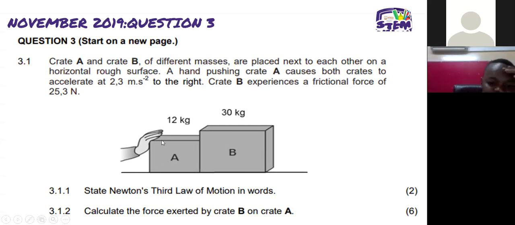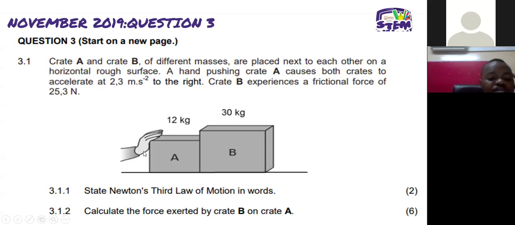Let us look at the forces that are acting on A. I have the force of gravity that is going downwards. I have the normal force going upwards because A is on a surface. Now remember, when A was exerting a force on B, then B exerted a force on A of equal magnitude but in the opposite direction.